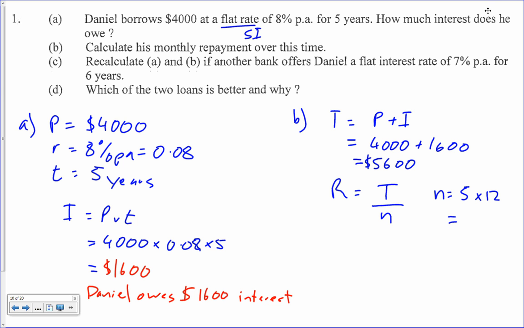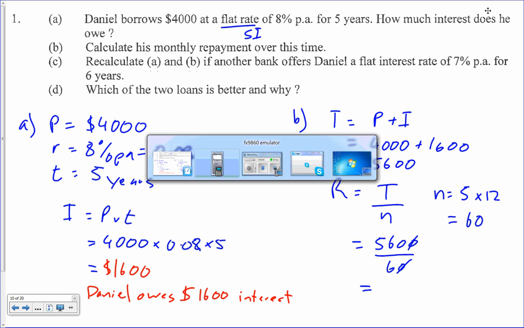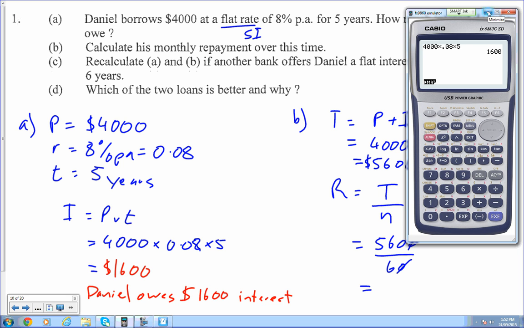So it's going to be 5 times 12. So it's going to be 60 periods. So equals 5,600 divided by 60. So it's actually 560 divided by 6. So again, we grab our calculator. 5,600 divided by 60, and that gives us $93.33.